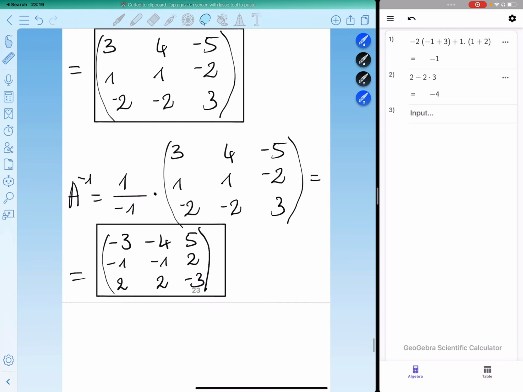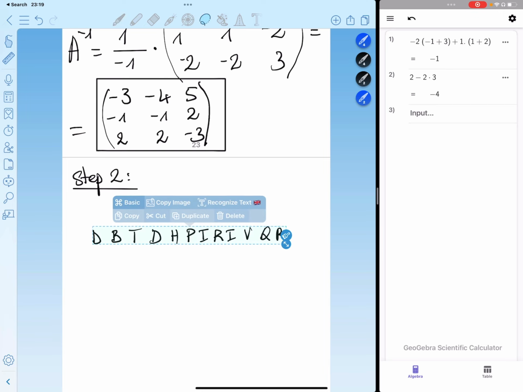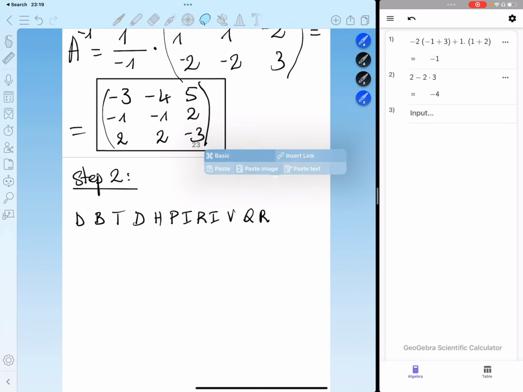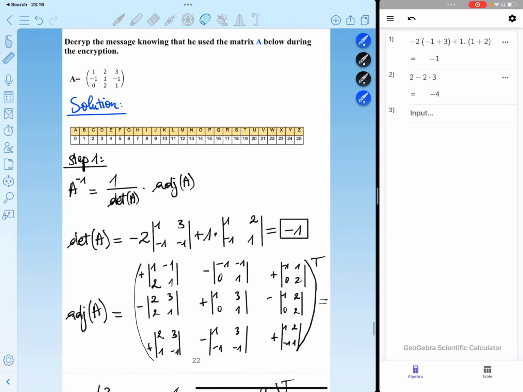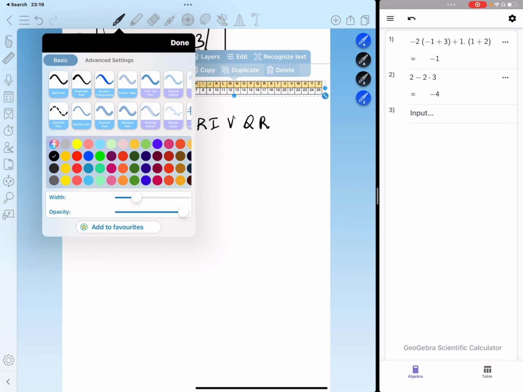So this is my message. Step 2, I'm gonna write my message down, and let me also copy this table, these letters, right?